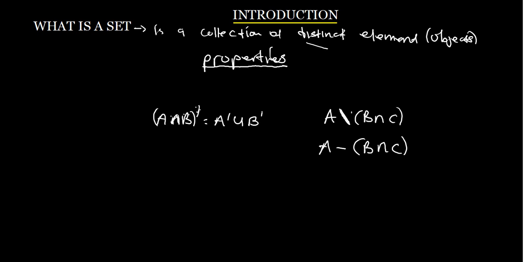So if we are distributing this thing under distributive, this thing will change. So if you want to distribute A into all these sets, it will be A minus B, all right, with the bracket like that.